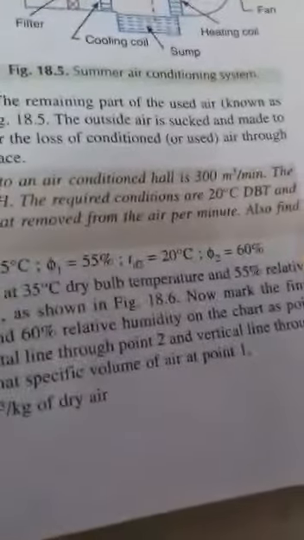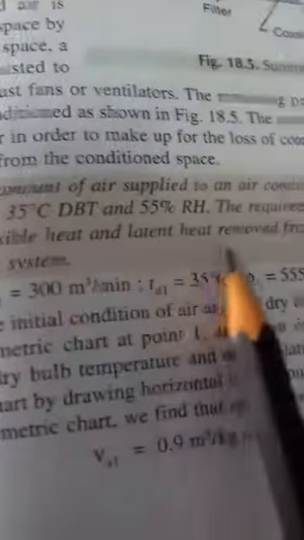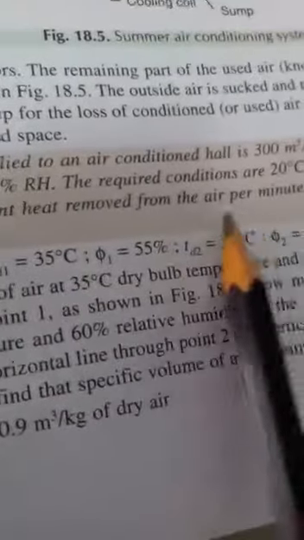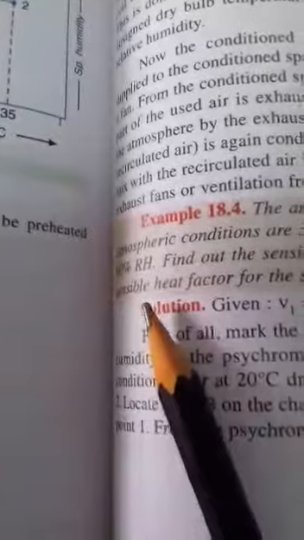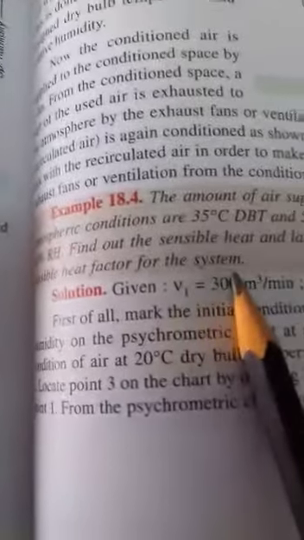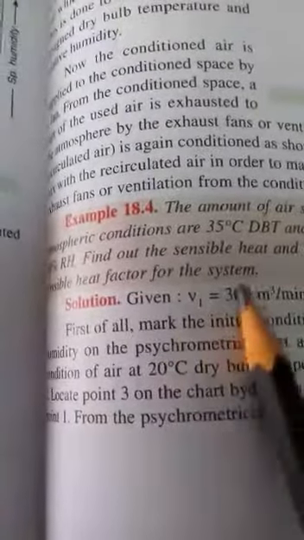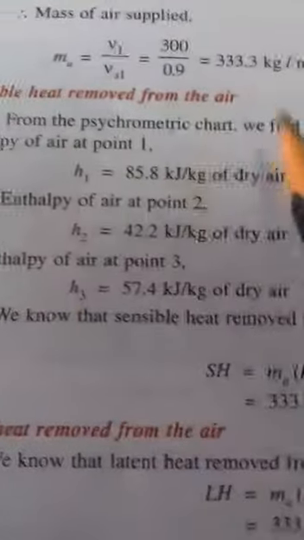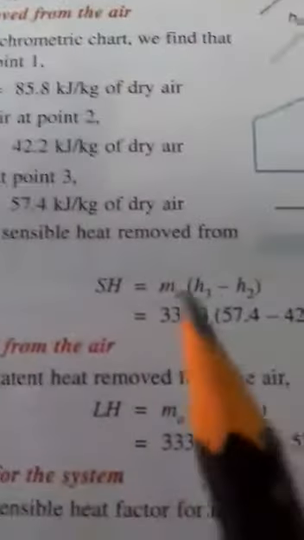So we have calculated all three. The sensible heat removed is mass into (h3 minus h2). From the psychrometric chart it is very clear: the sensible heat is the horizontal line. Then the latent heat removed is mass into (h1 minus h3), the vertical line. We get the enthalpy values directly from the psychrometric chart.